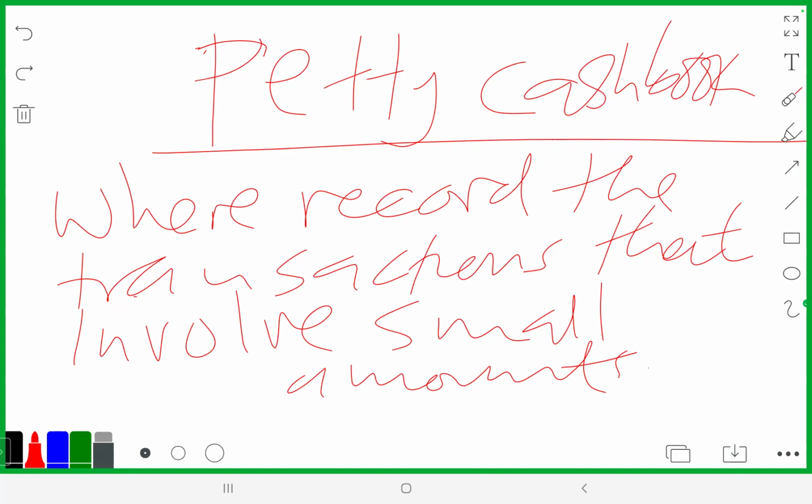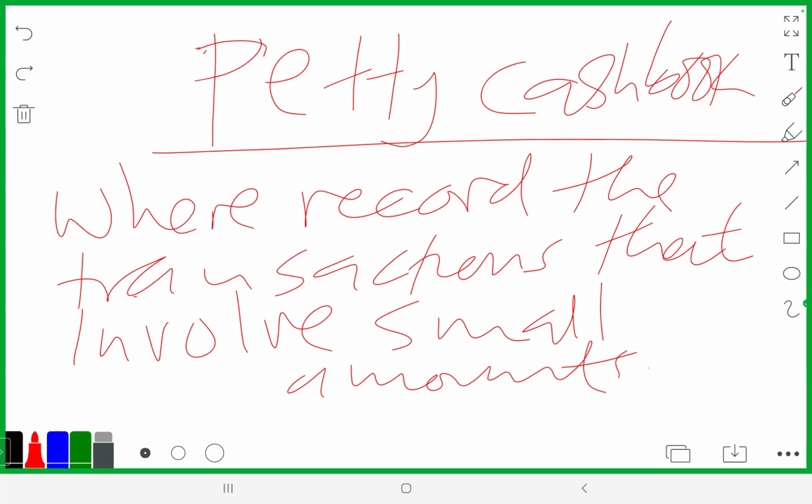You're dealing with a lot of dollars, and then you find yourself spending just a very small amount of money. It would not be smart for you as an accountant to record all these other transactions in your books, and then also record transactions that involve very small amounts of money within the same book.